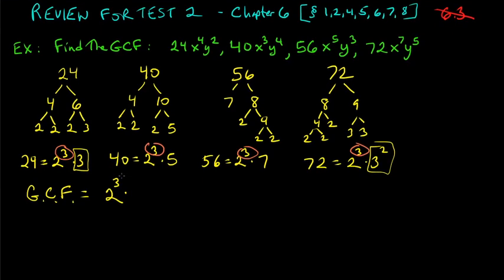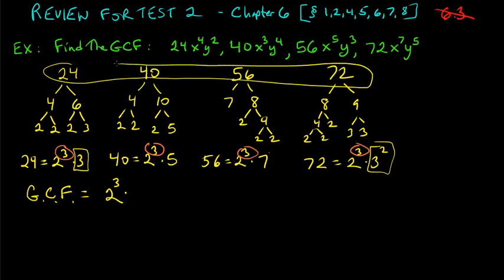There's a 5 that's a factor of 40, but 5 is not a factor of any of the other numbers. It's not a factor of 56 or 72. And the 7 is a factor of 56 here, but it's not a factor of 72 or 40 or 24. So the only number that all 4 of these numbers have in common is the 2 to the 3, which is 8.